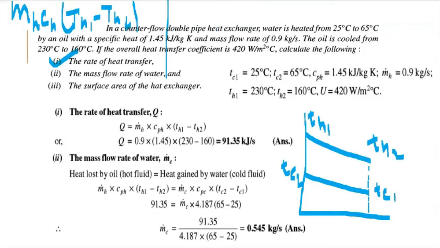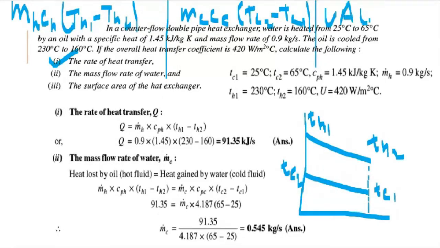The second formula is mC CC (TC2 minus TC1). Or we have one more formula, that is U multiplied by A multiplied by theta M. Depending upon the data given, you are going to use the appropriate formula to find the rate of heat transfer for any question.